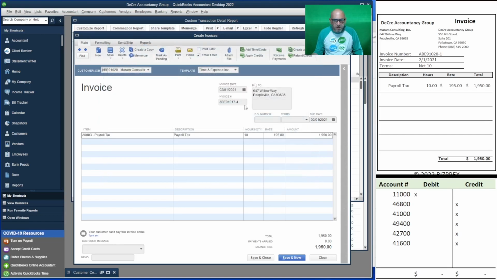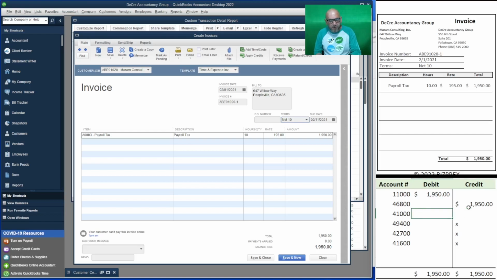On this last one, just for kicks and giggles, let's show debits and credits to kind of finalize it. What's being debited, what's being credited, even though we don't see it here. We know accounts receivable goes up, it's a debit, right? That's our debit. What's credited? Our payroll services income, right?